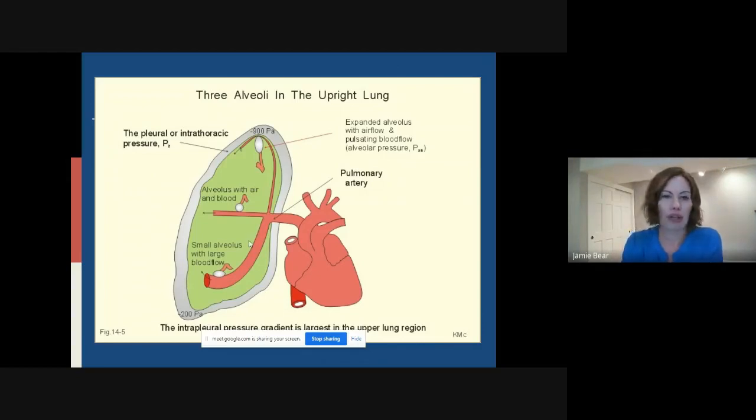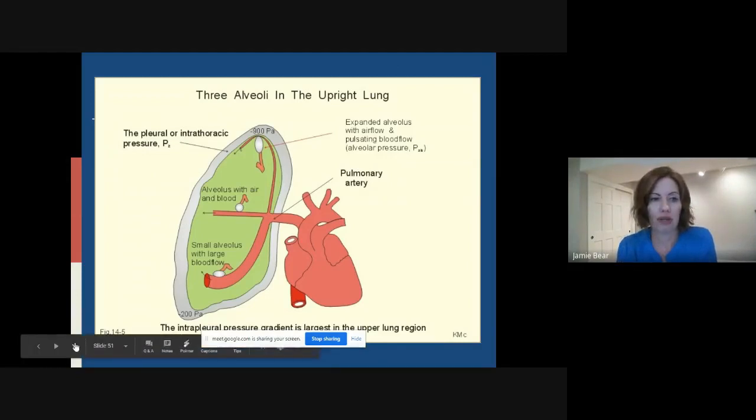So going through the lungs here, if we looked at the absolute ventilation to perfusion ratio throughout the entire lung, it's approximately 0.8, 4/5. 4 liters per minute of ventilation and 5 liters per minute of blood flow. And that's very important to keep that balance throughout the lungs so that gas exchange can take place.